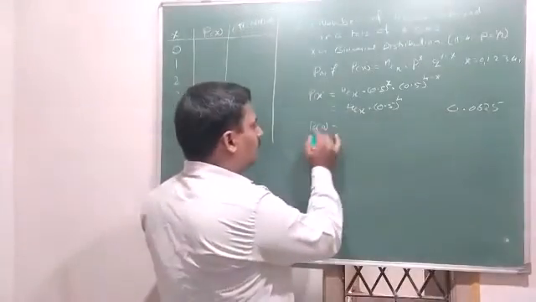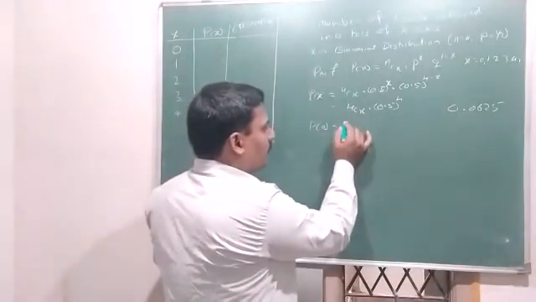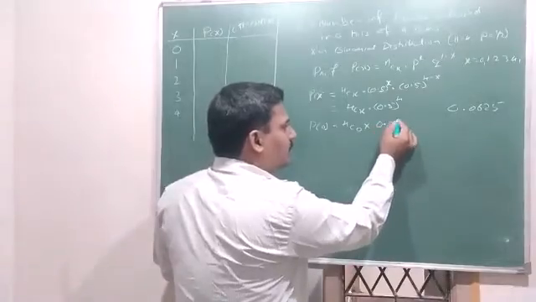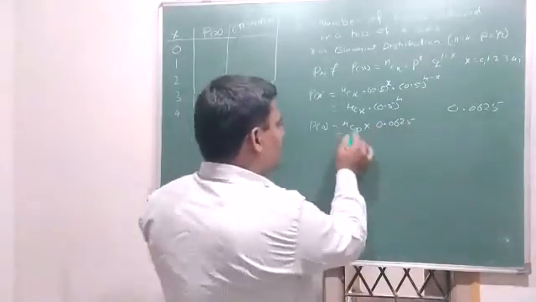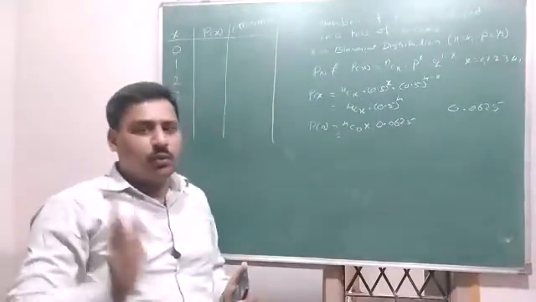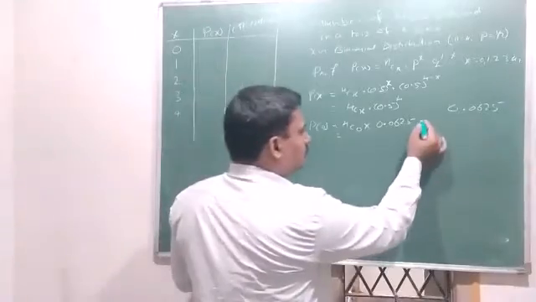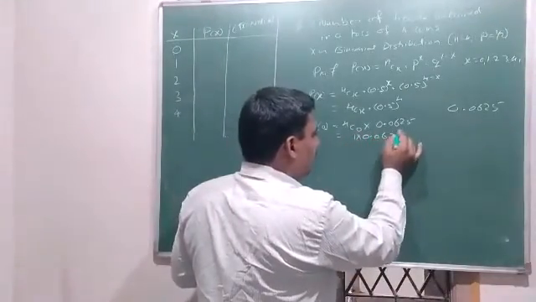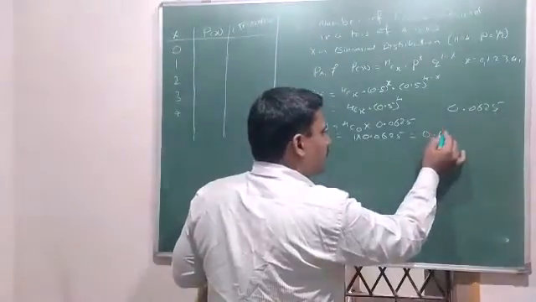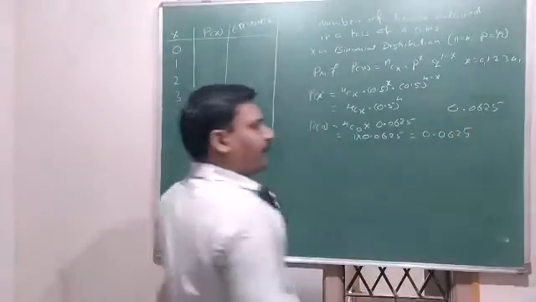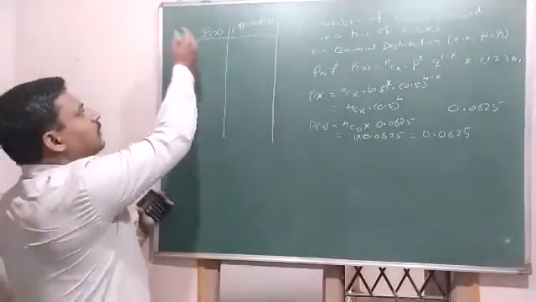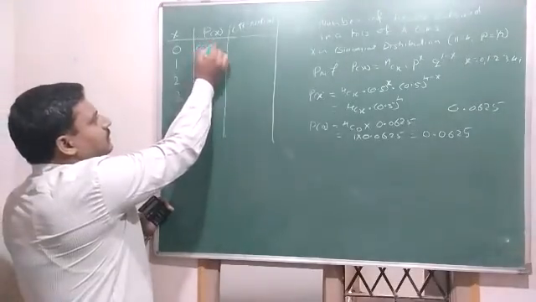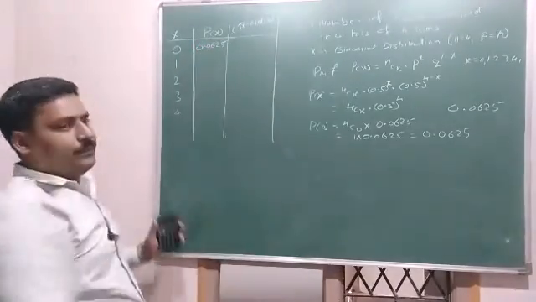So P of 0 is 4C0 into 0.0625. 4C0 is 1, so 1 into 0.0625 is 0.0625.